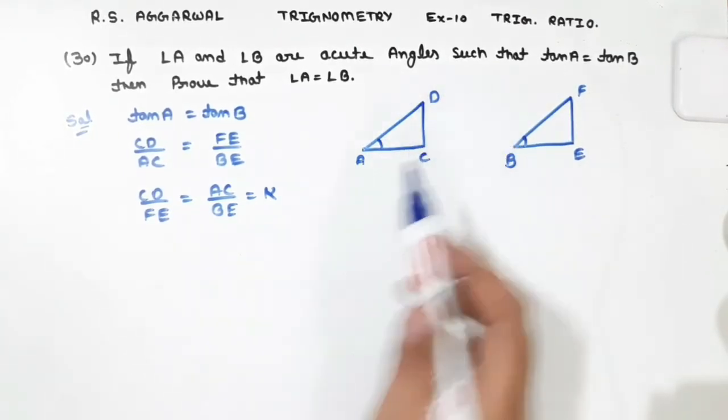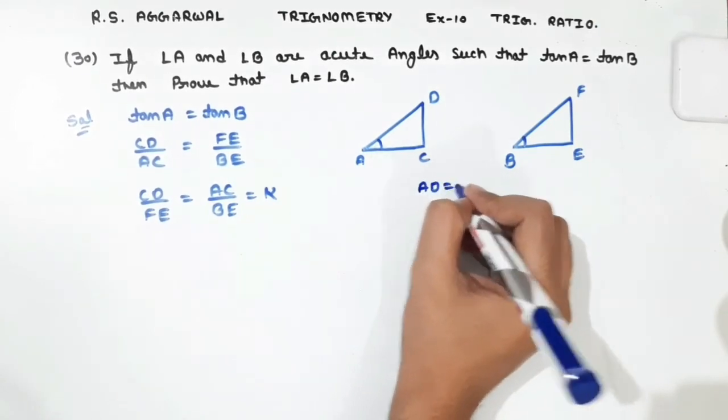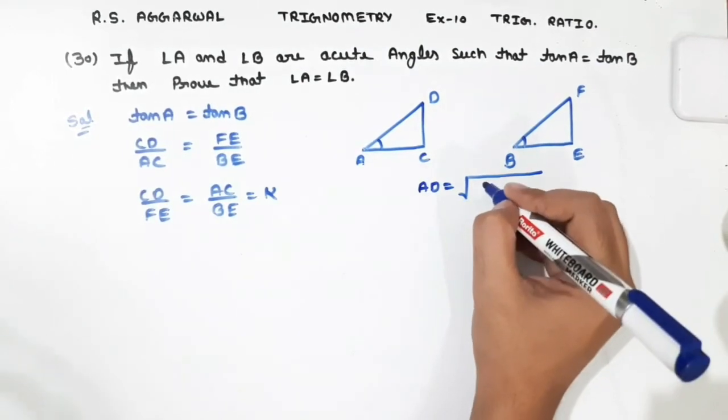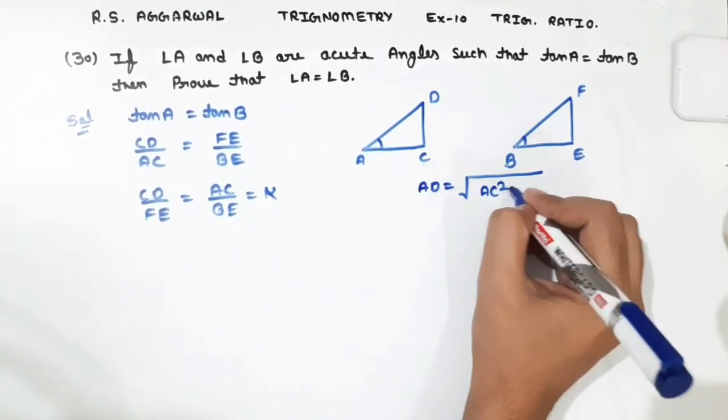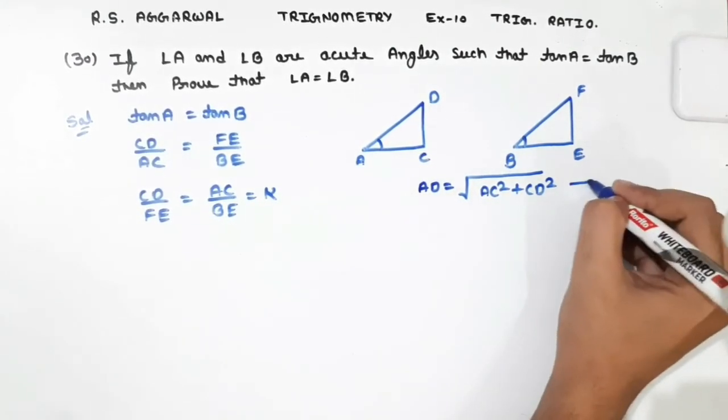In triangle ACD, AD will be equal to under root AC square plus CD square. This is equation first.